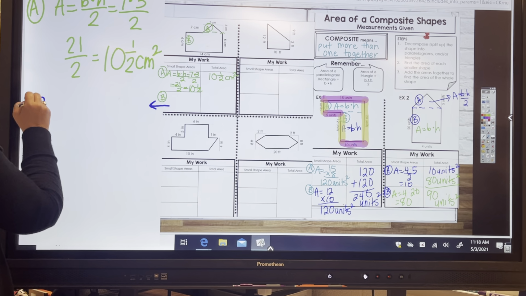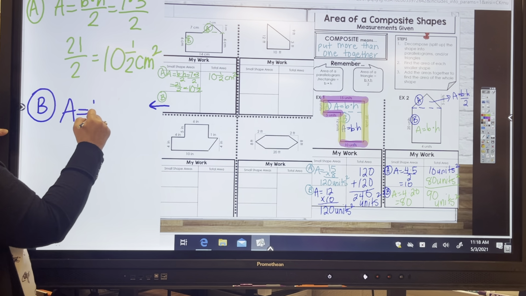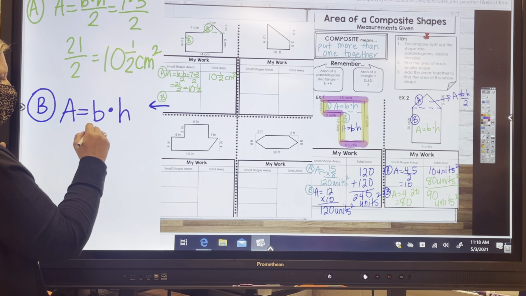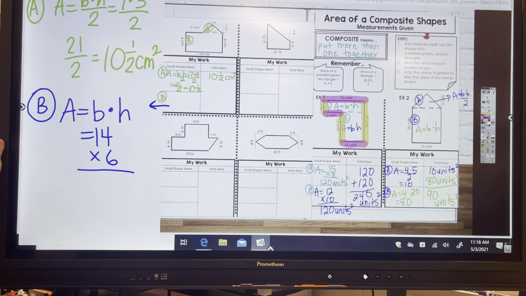All right, B. What's my formula for B? Base times height. What is the base of my rectangle? 14. What's the height? 6. All right, do that. 14 times 6.